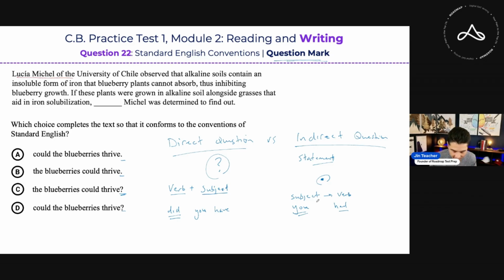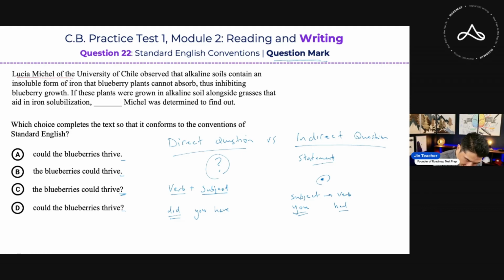So they're going to put a subject before the verb for direct questions, and verb before subject for indirect questions. Typically, these questions don't give students that much trouble. But you do have to read the context of the sentence to figure out whether you use a direct question or an indirect question.